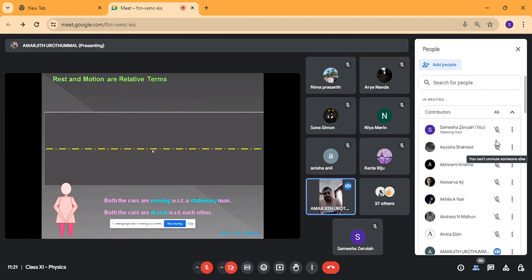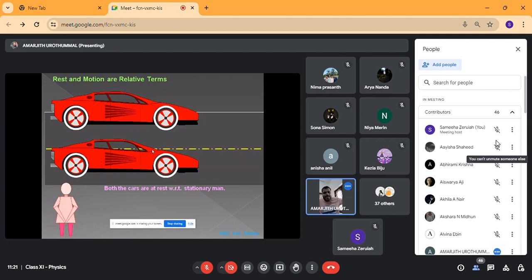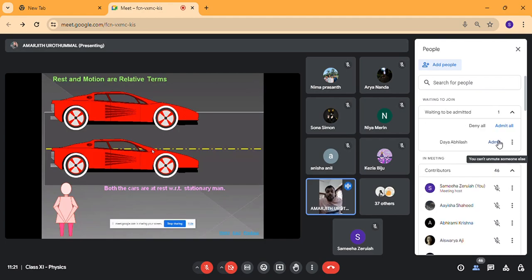Then will the car be in motion or at rest? That is my question. Just say an answer. Anyone? Wrong also, no problem. You just interact so that I will be able to see that you people are there. No answer.